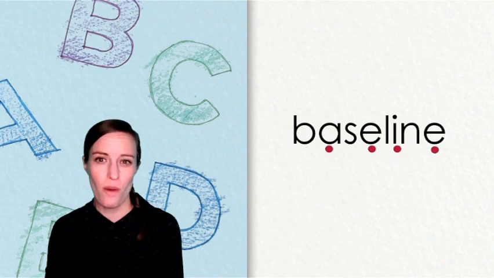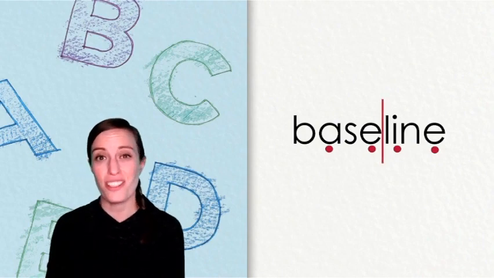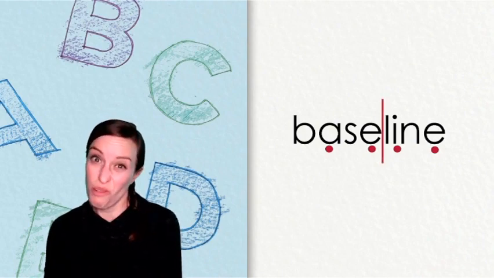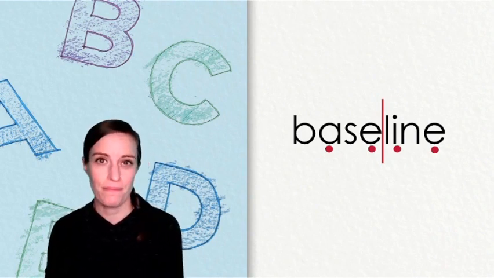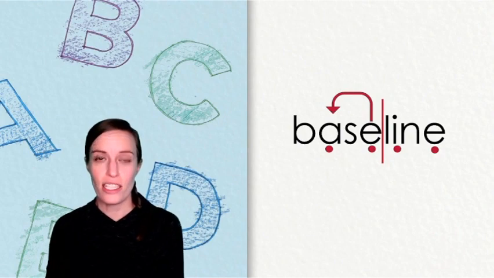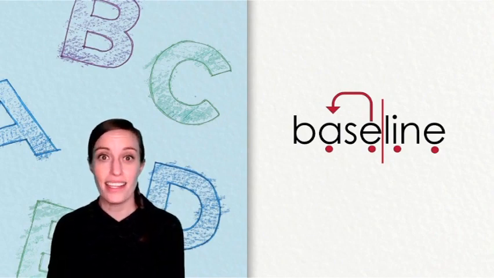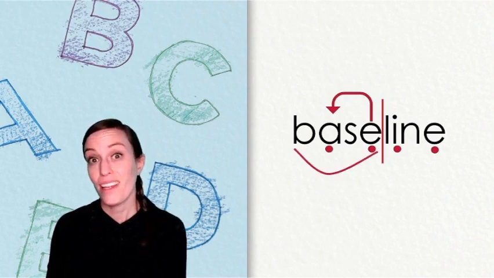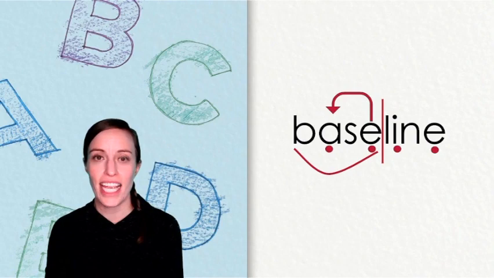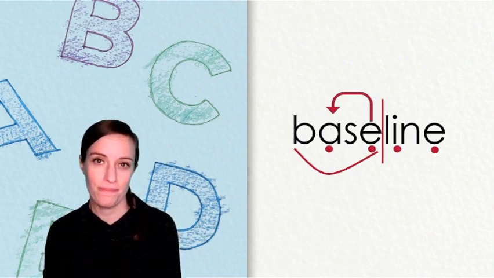Let's divide the word after the first E, because we assume that the E is telling the A to say its name. This first syllable does have a magic E. The E stays silent and tells the A to say A. Our first syllable, then, is base.